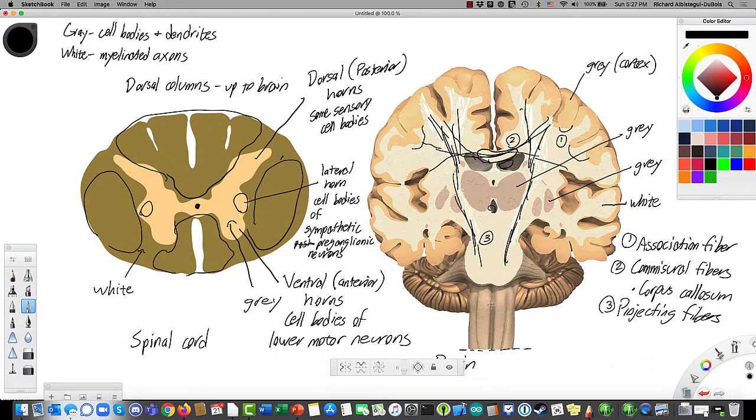So we've got both things going up from the spinal cord up to the cortex and other areas, like here in the thalamus, and down from the cortex and other areas down into the spinal cord. That's basically how the brain is connected to the rest of the nervous system. So that's kind of the idea of gray versus white matter here.